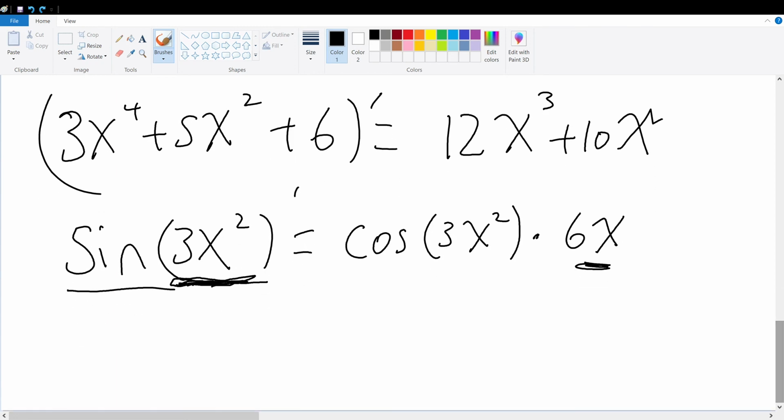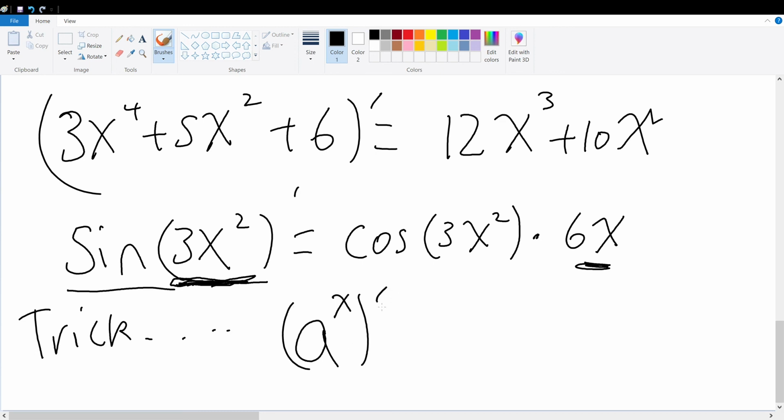Also, here is a trick when taking derivatives. When you're given a constant raised to a power of x, and you want to take the derivative of it, there is an exception, because this would be equal to a to the x times ln a.